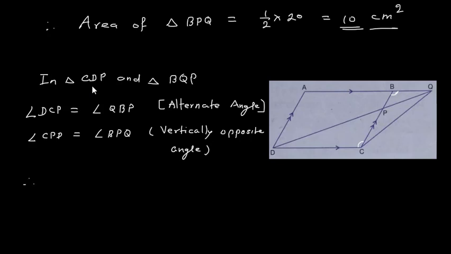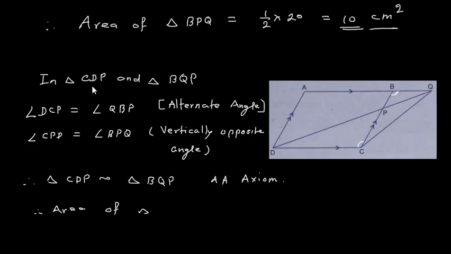So therefore triangle CDP will be similar to triangle BQP. Reason is angle axiom. So these two triangles are similar. Then next I have to find the ratio of their areas.